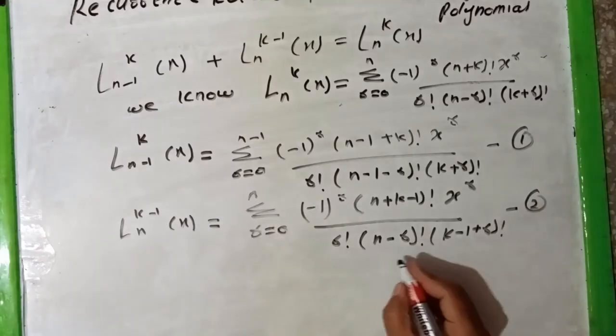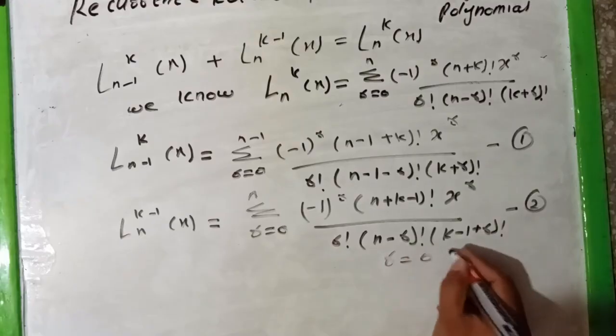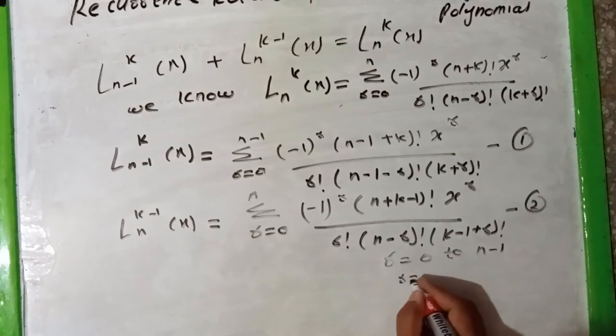So we open the summation from r is equal to 0 to n minus 1 and for r is equal to n.